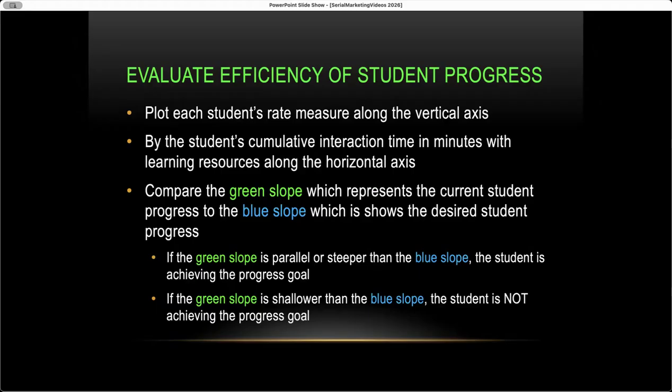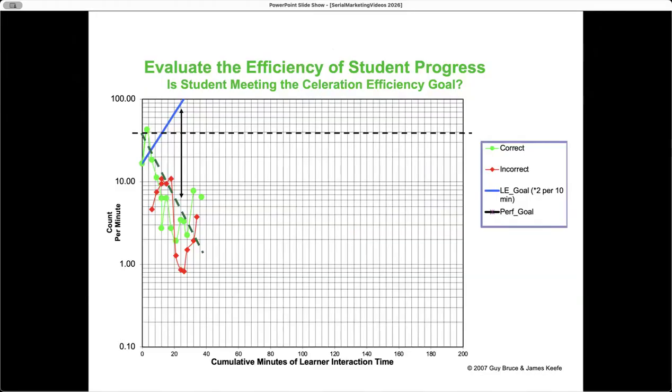If you plot the student's rate measure along the vertical axis by the student's cumulative interaction time in minutes with the learning resources along the horizontal axis, then you can compare the green slope, which represents the current student progress, to the blue slope, which shows the desired student progress. If the green slope is parallel or steeper than the blue slope, the student is achieving the progress goal. If the green slope is shallower than the blue slope, the student is not achieving the progress goal.